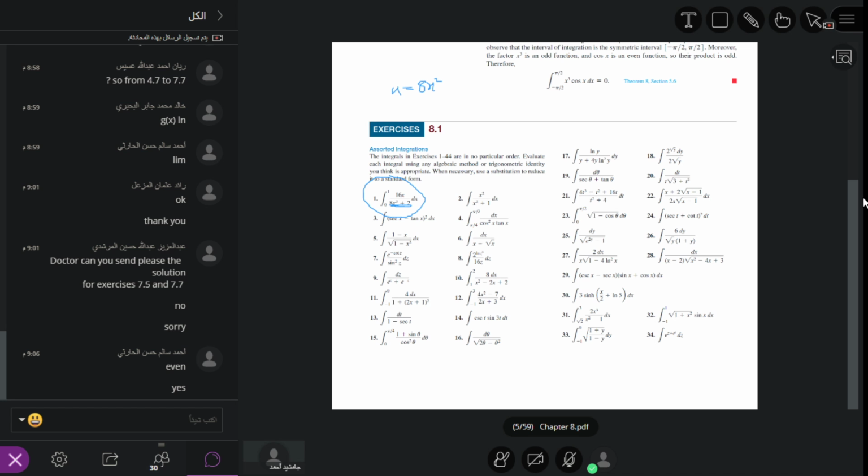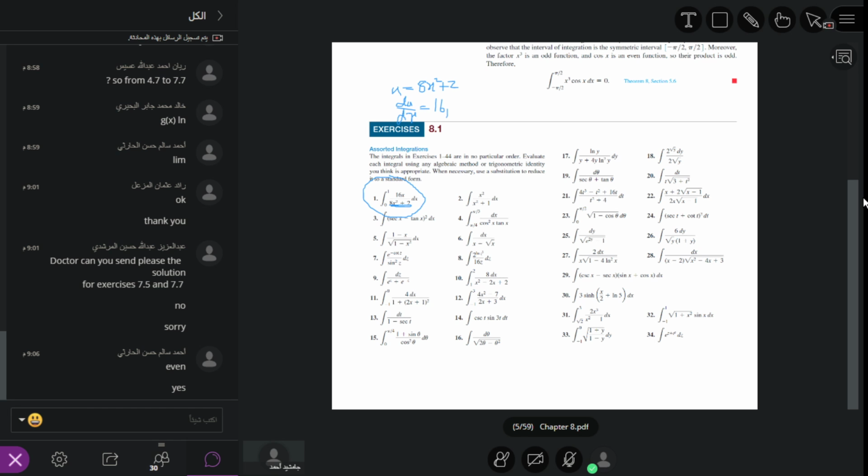So how can we solve this? We take its derivative. So du over dx is equal to 16x.